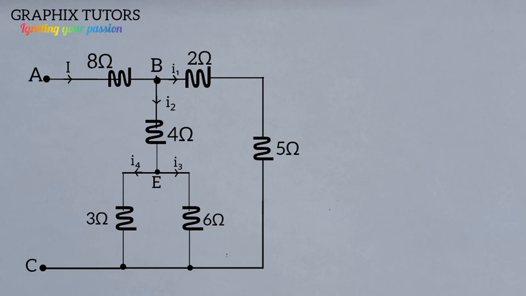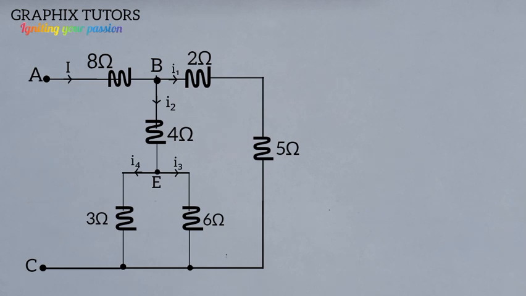Today we want to solve the problem that is displayed on our screen, where we are told to find the equivalent resistance. The equivalent resistance is like saying the total resistance in the circuit. Now, A is a terminal, C is also a terminal, right?